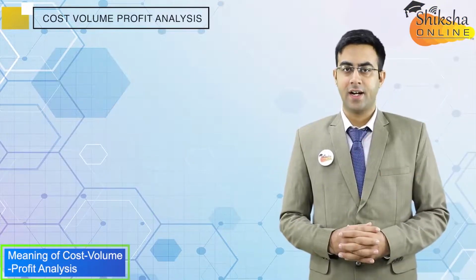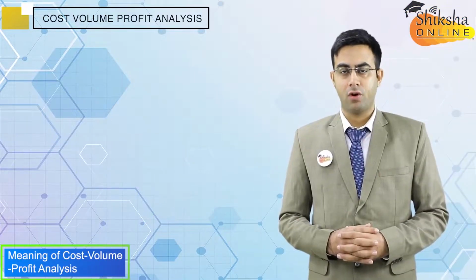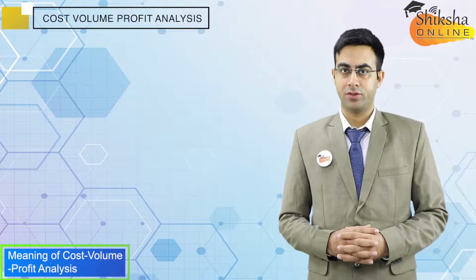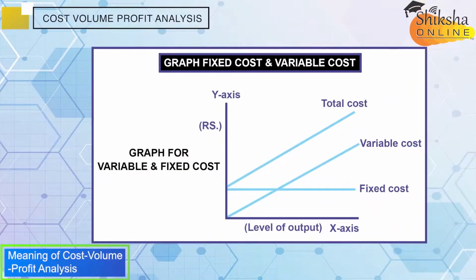So now let's understand how to prepare graph of fixed cost and variable cost. As you can see on screen, the amount of fixed cost is the same. You can see the fixed cost line which is constant and not changing with the change in the level of output. Even if we do not produce any unit, fixed cost will remain the same.